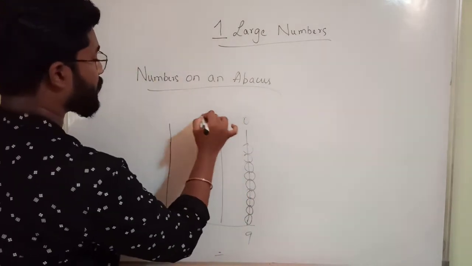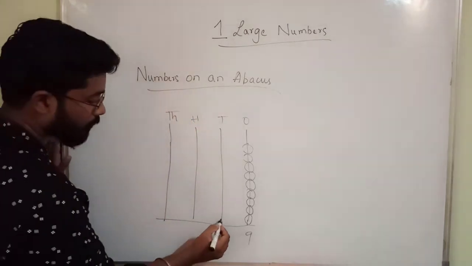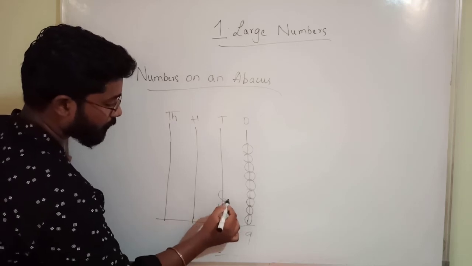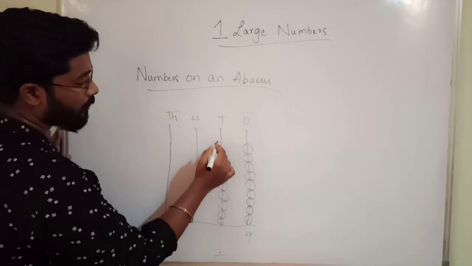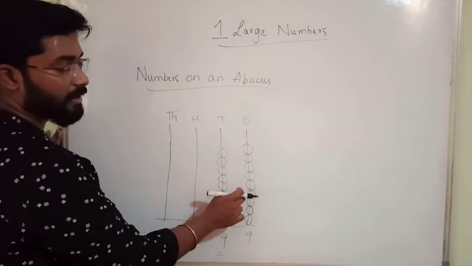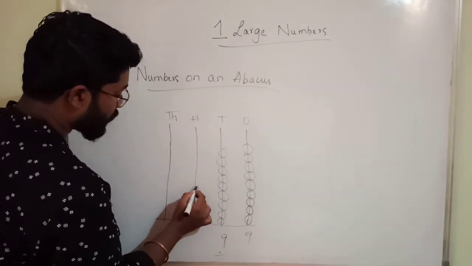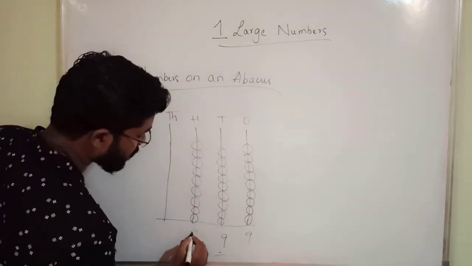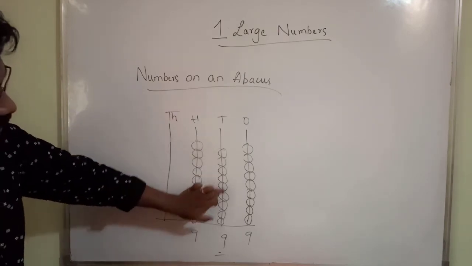Ones place, tens place, hundreds place, thousands place. 1 2 3 4 5 6 7 8 9. This is 9, means this is 90 plus 9, 99. Here let's see, 1 2 3 4 5 6 7 8 9. These are also 9 beads, means this is 900, this is 90, this is 9.